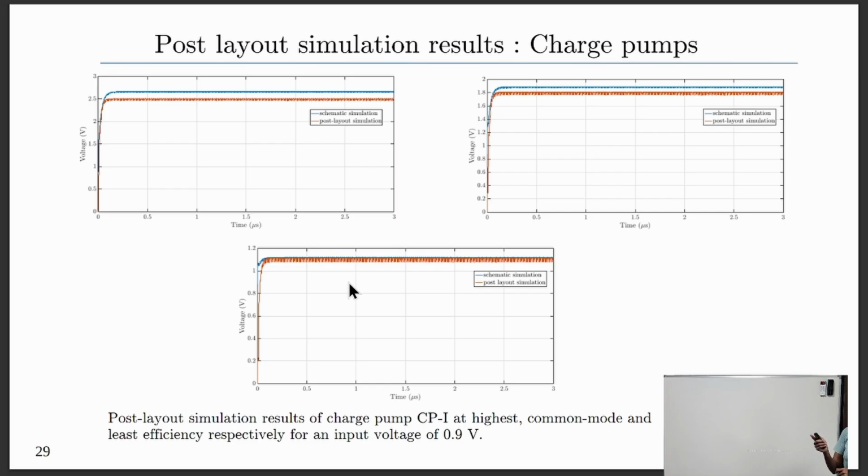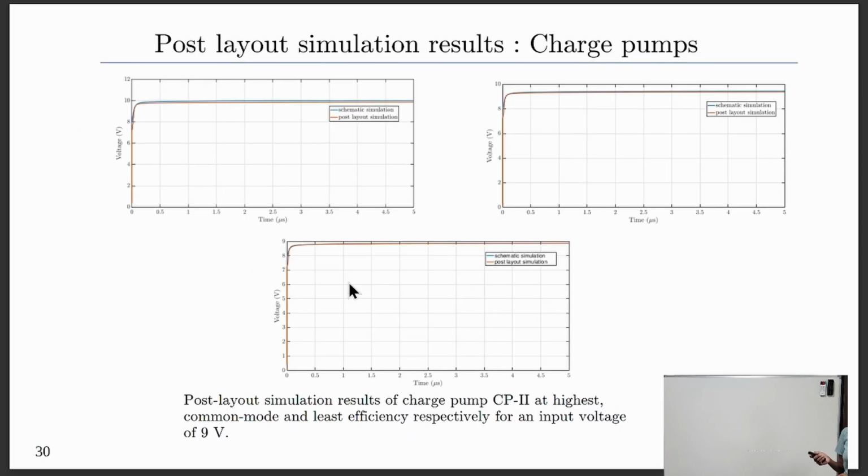The 3 different settings are highest, lowest, and common mode efficiency setting. And these are the post-layout simulation results of CP2 at 3 different efficiency settings for an input of 9 volts.